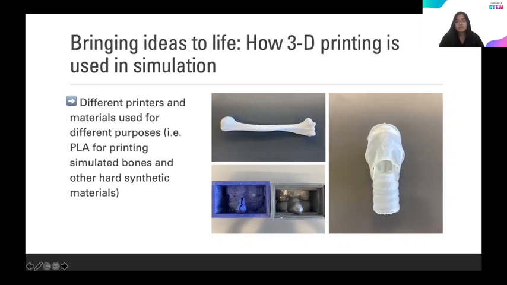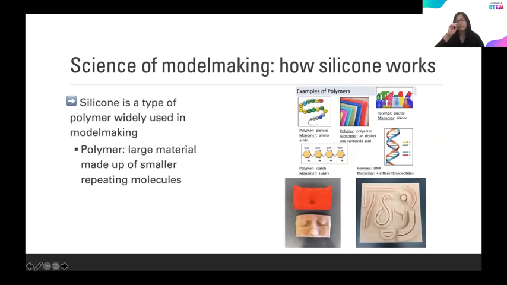You can also see a 3D printed face model here that we use to make our face mold. And on the right is a 3D printed trachea, or your windpipe, printed with a softer elastic material. So for this particular one, we use an SLA printer versus for the bone and the face mold, we use our FDM printer.